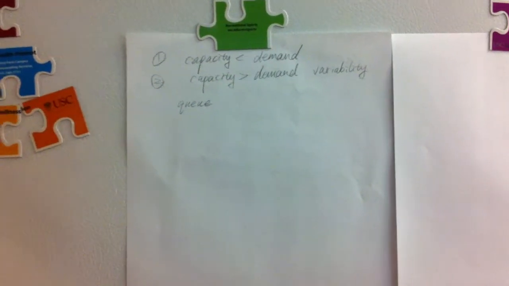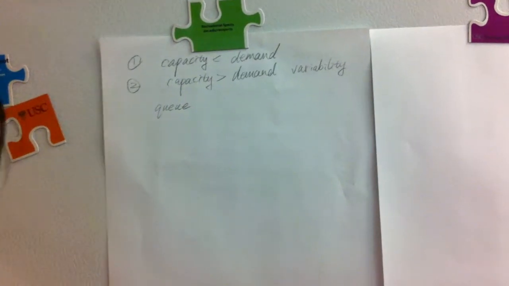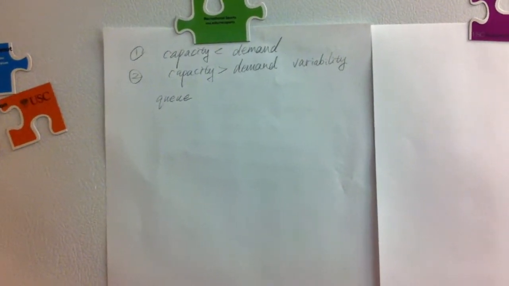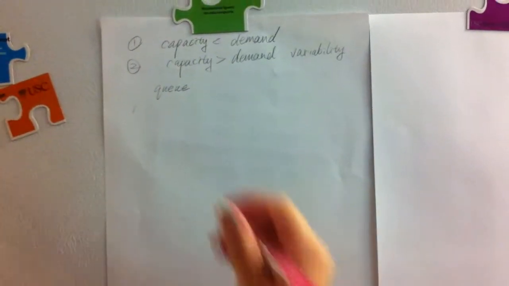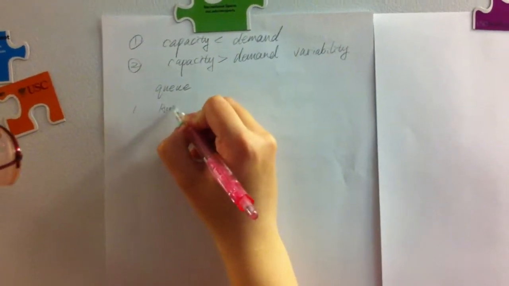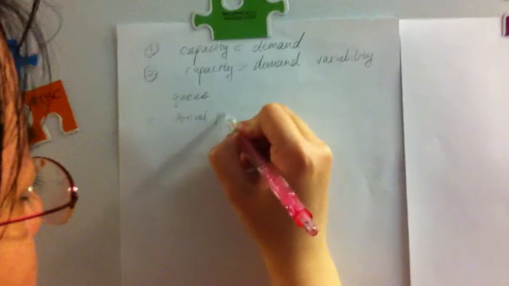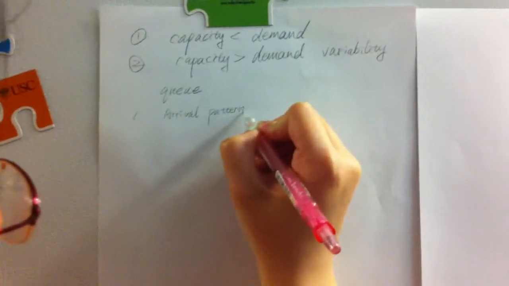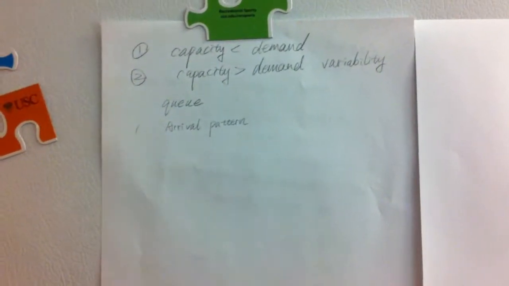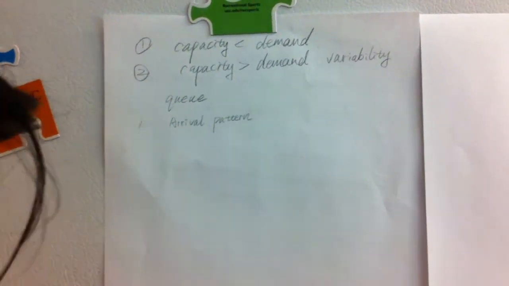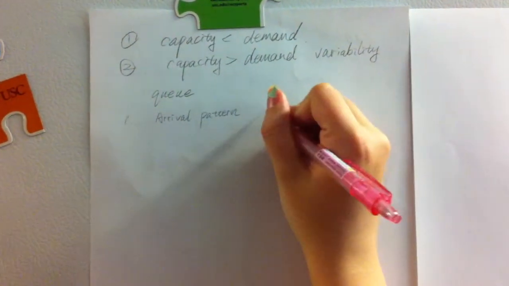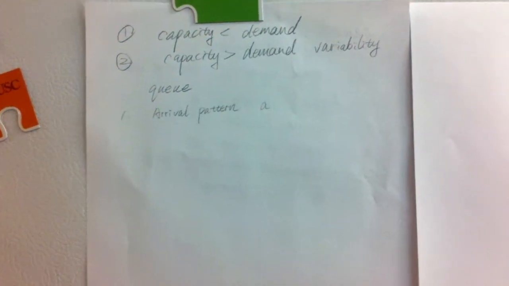After that, I will explain the other 2 characteristics. So the first characteristic is the arrival pattern. This is basically the distribution of inter-arrival time, and we use A to denote the inter-arrival time.